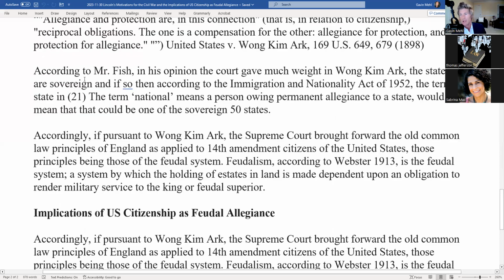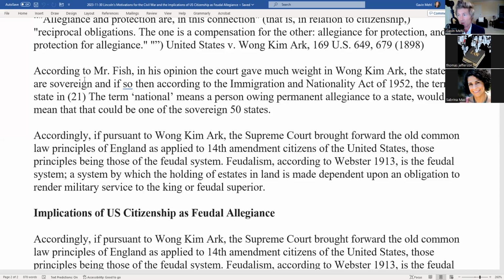That's what it's stating. Now, according to Mr. Fish, this is also from Wong Kim Ark. Mr. Fish was head of one of the administrative agencies at the time under the president, and the president asked him for an opinion. In the opinion of the court, which gave much weight to his opinion in Wong Kim Ark, it states that the states are sovereign.